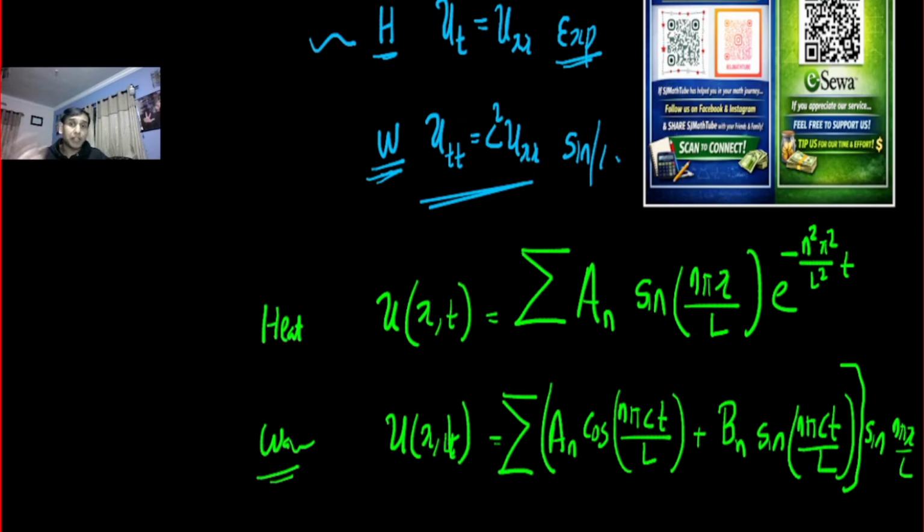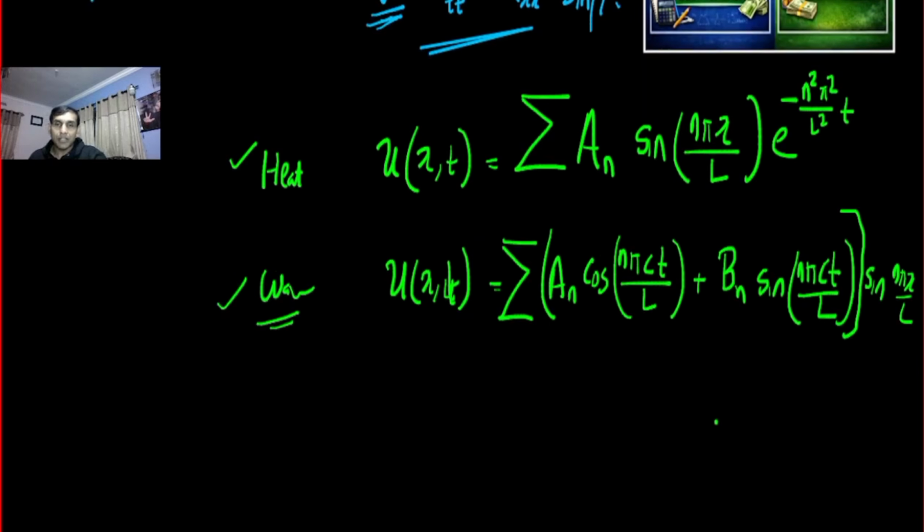This comes from the derivation. Once more, let me repeat. If you are working with an applied question related to heat or wave, you can write this solution in the beginning. You can write, the given equation is a heat equation, so let the solution be this. Okay, now look at this.